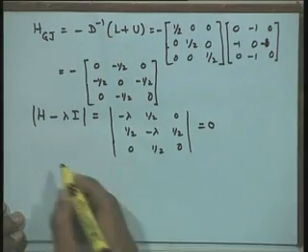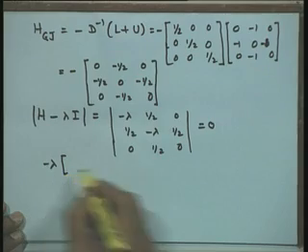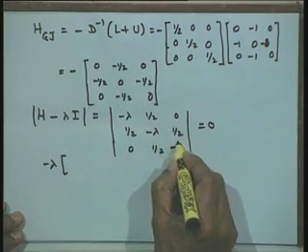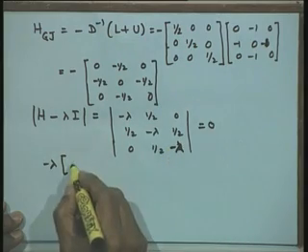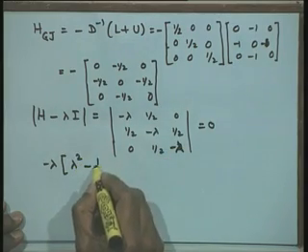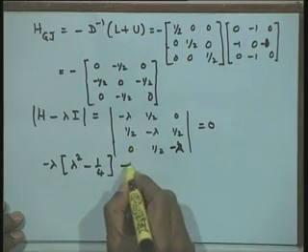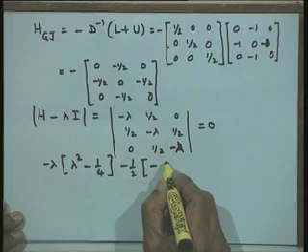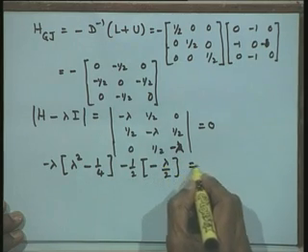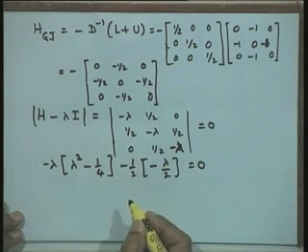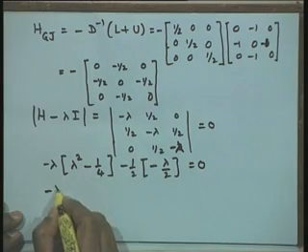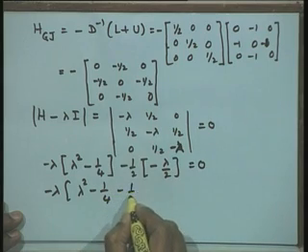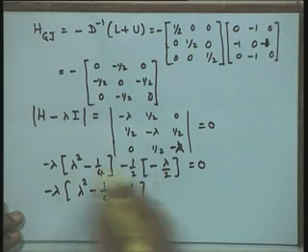Now let us write down the expansion of this determinant. This gives you minus lambda times lambda squared minus 1 by 4, minus half times the product of these two, which gives lambda by 2, equal to 0. I can take out minus lambda as a common factor, so I have lambda squared minus 1 by 4 minus 1 by 4 left out.